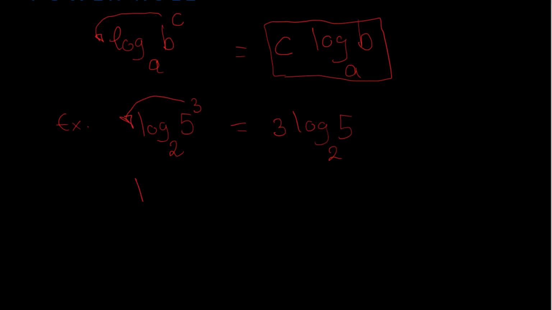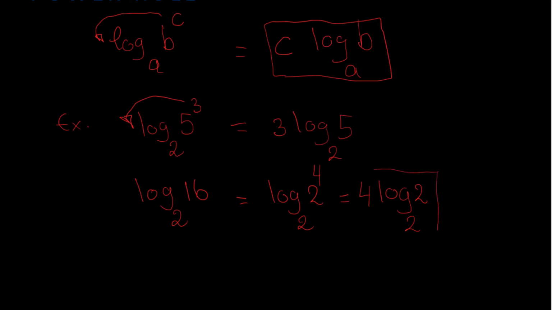Another example, if we have log base 2 of 16, we could simplify it to log base 2 of 2 to the power of 4, which is 4 log base 2 of 2. And as we said, log base 2 of 2 is equal to 1. So it's equal to 4 times 1, which is 4.